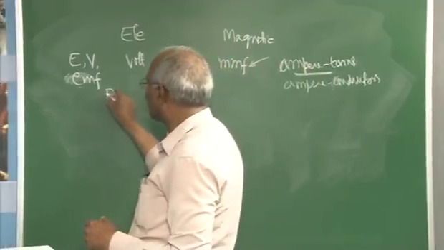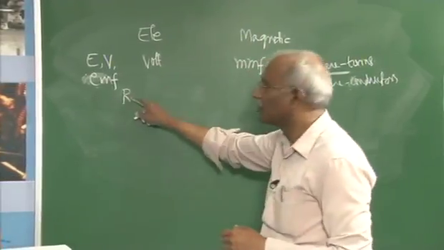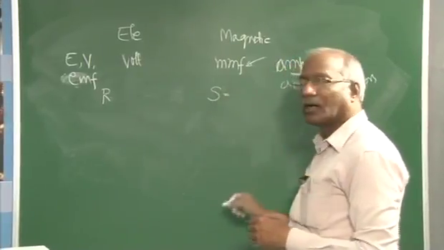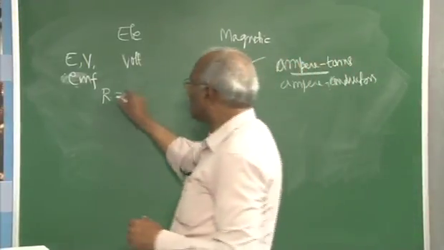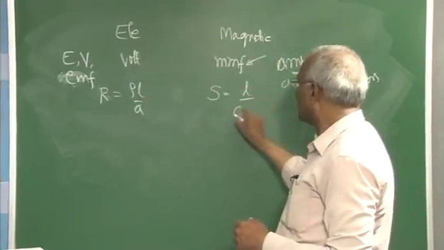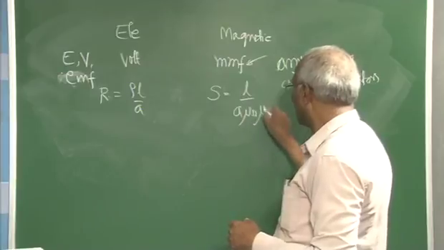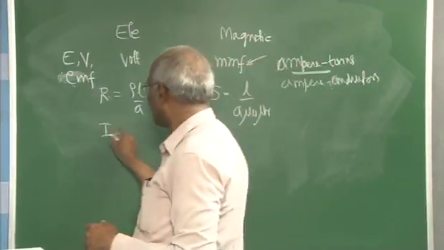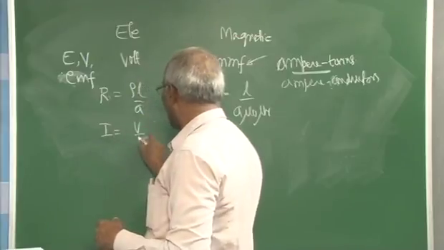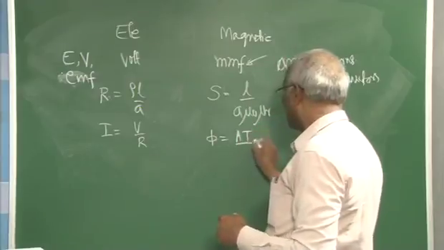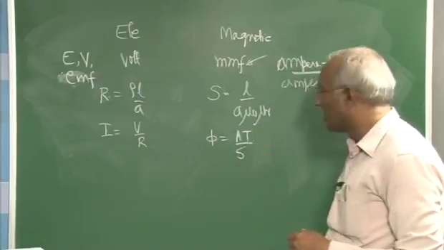Opposition to flow of current is resistance, while opposition to flow of flux is reluctance. R is rho L by A, while S is L over A mu naught mu R. The current here is V by R, while flux is ampere turns divided by the reluctance.